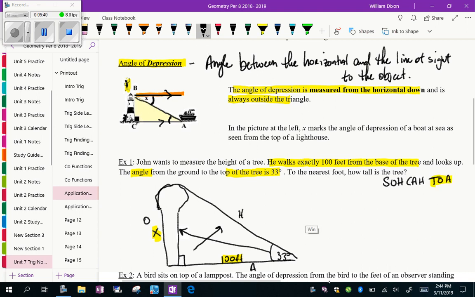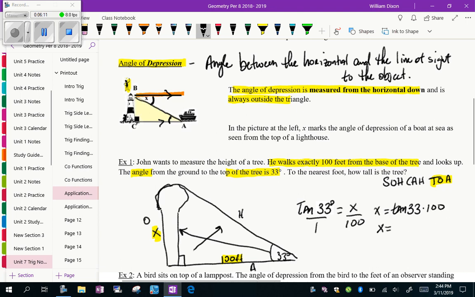So I'm going to have the tan, or tangent of 33 degrees, is going to equal my opposite, which is X, over my adjacent, which is 100. I'm going to cross multiply. I'm going to get X equals the tangent of 33 degrees times 100.